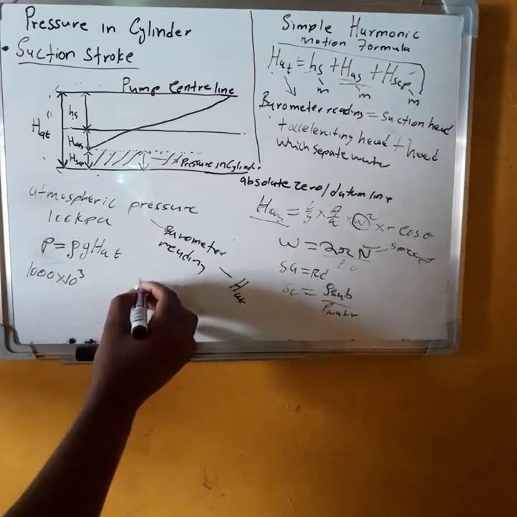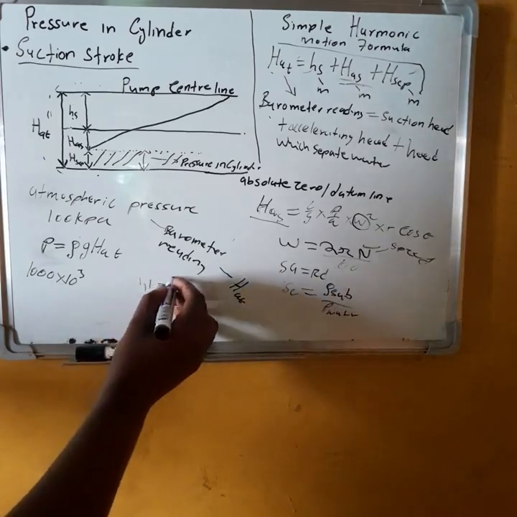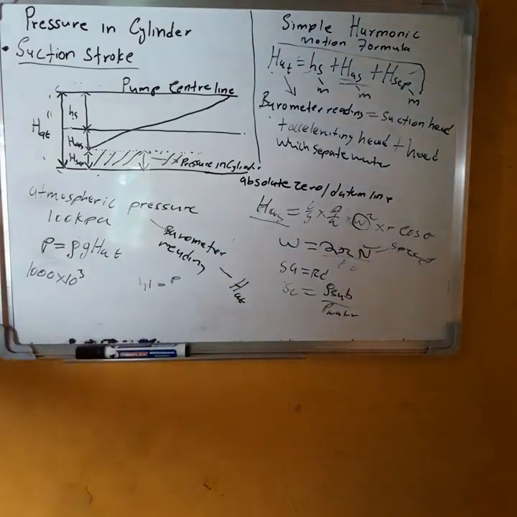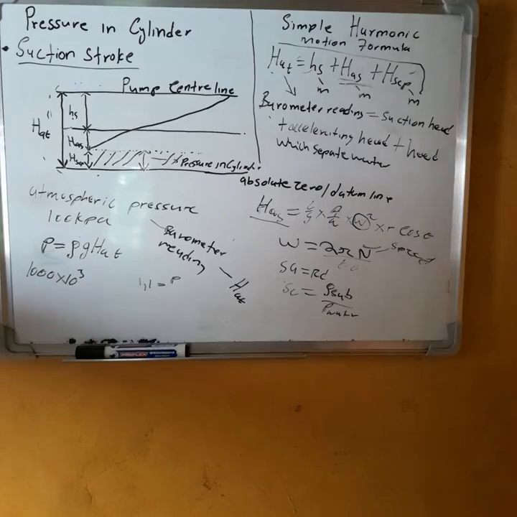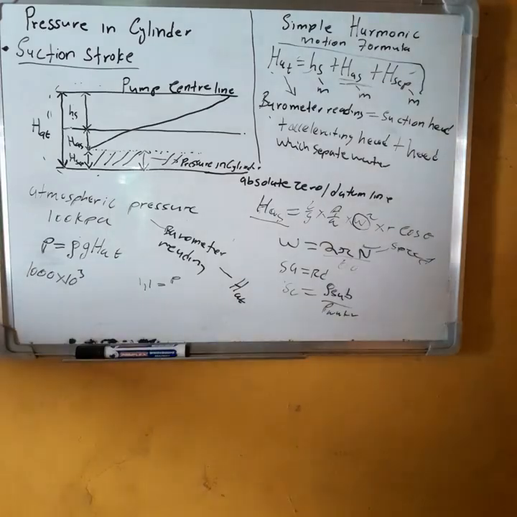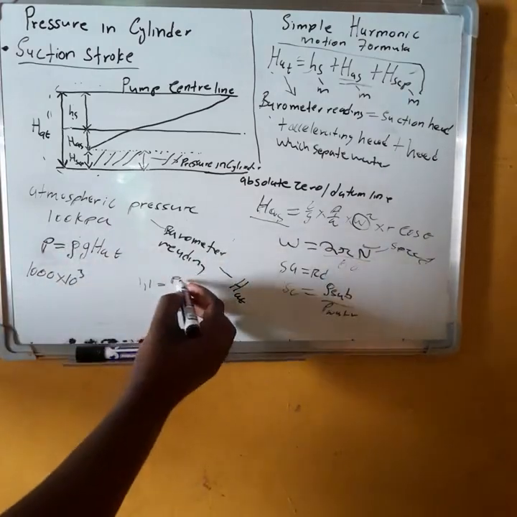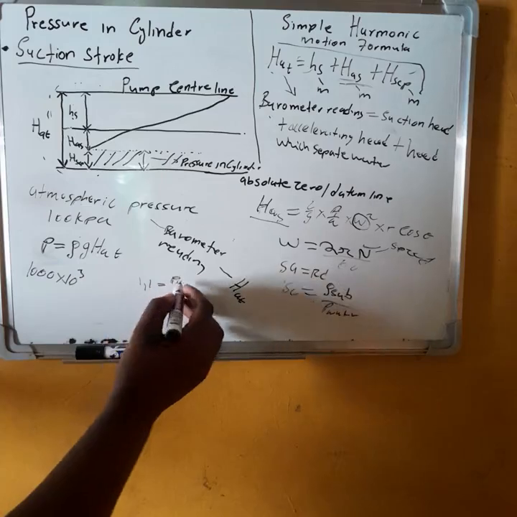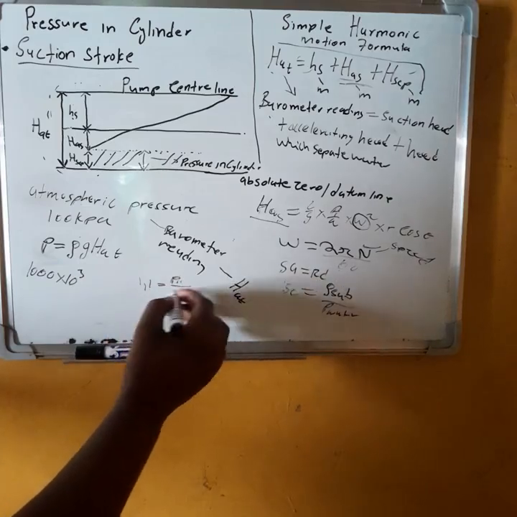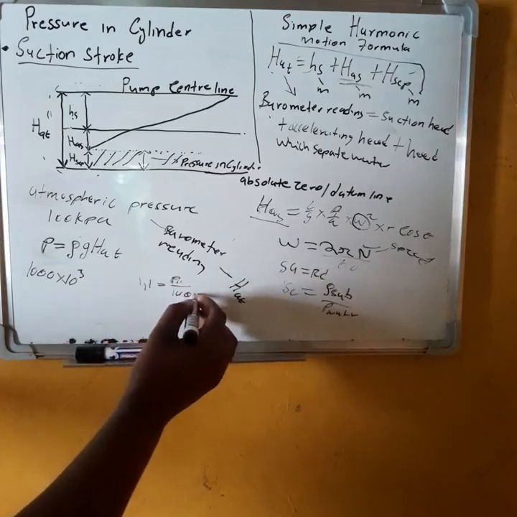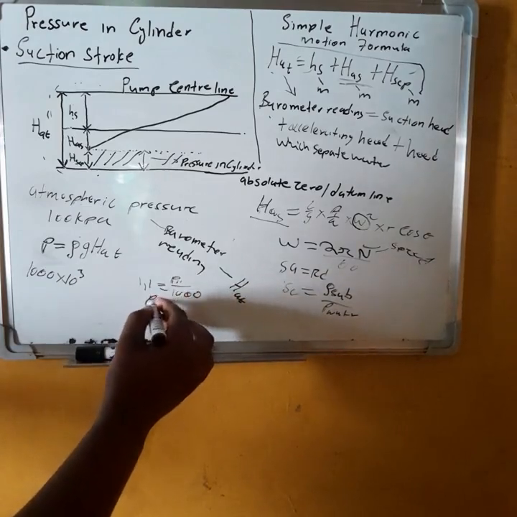We say 1.1 is equal to rho over 1000. You want the density. If we want the density of the fluid, which is lime, over the density of water, we know that is 1000. You multiply this by 1000.